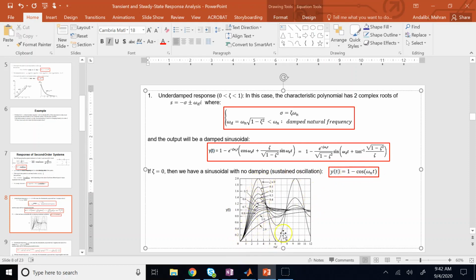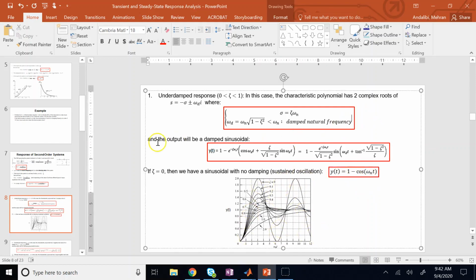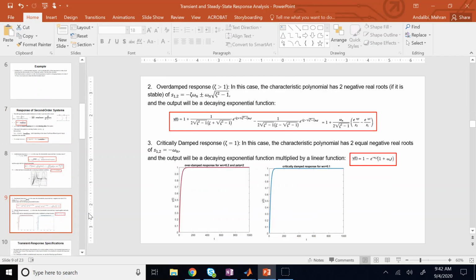You see, it is just 1 minus cosine omega n t. So first of all, the frequency of the oscillations is now not omega d, it is omega n, because there is no damping, and then there is no decay, so it keeps oscillating forever. Okay, so hopefully this underdamped case is quite understandable.